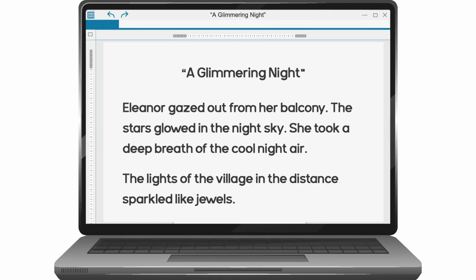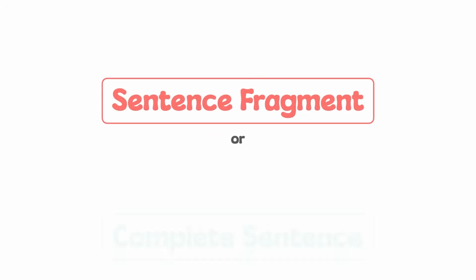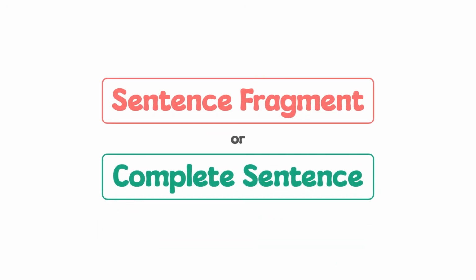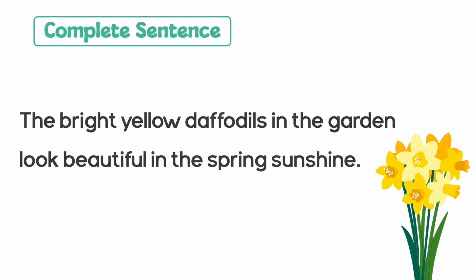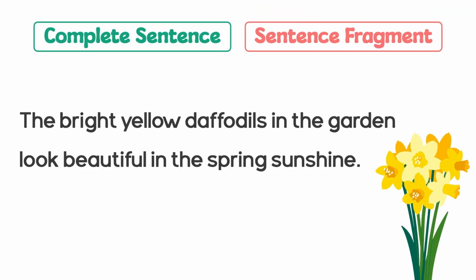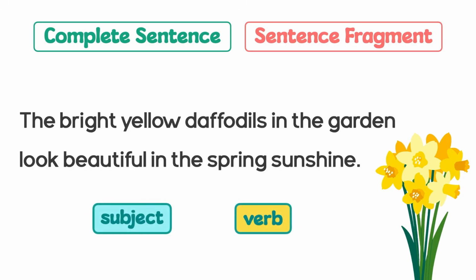Awesome! Okay, next we'll take a look at some sentences and decide if each one is a sentence fragment or a complete sentence. For any fragments, we'll fix them by adding a subject or a verb. Here's our first example. The bright yellow daffodils in the garden look beautiful in the spring sunshine. Is this a complete sentence or a sentence fragment? Okay, let's see. Remember that a complete sentence needs a subject and a verb.